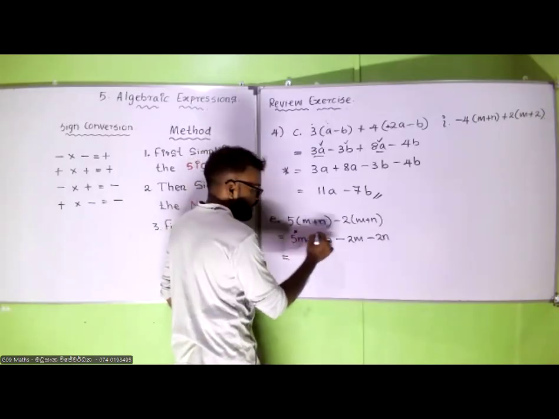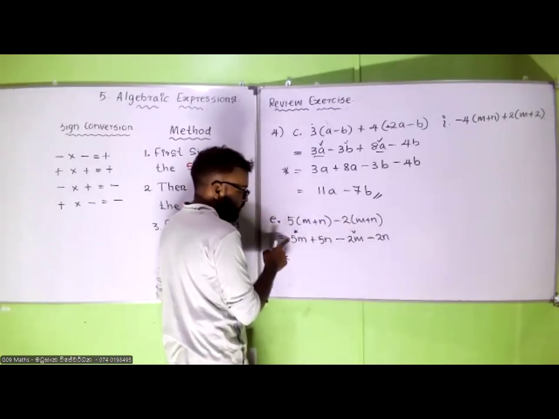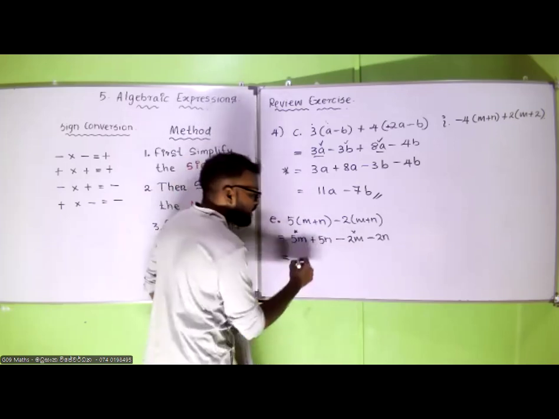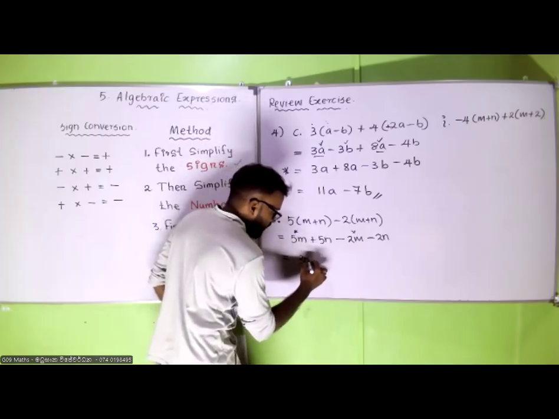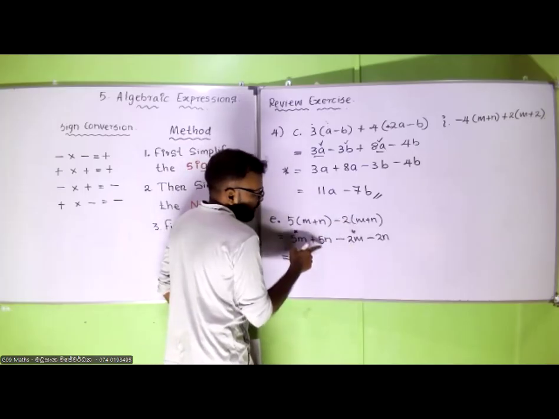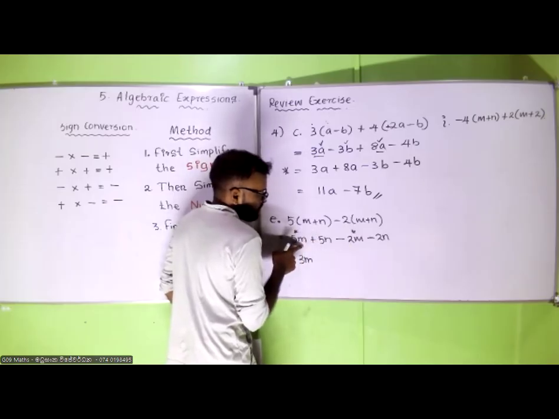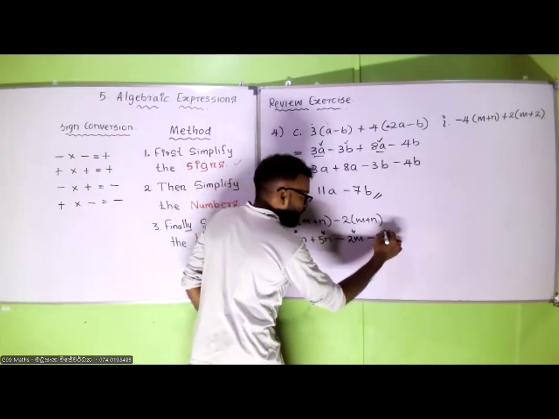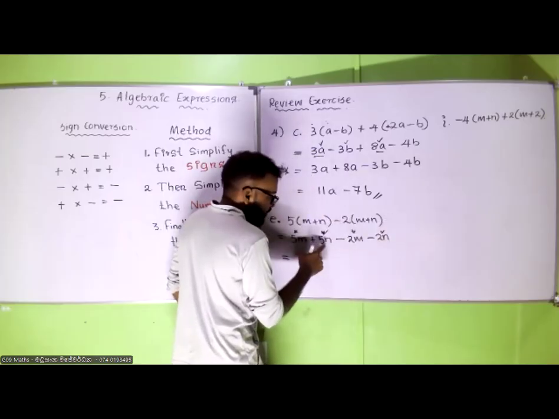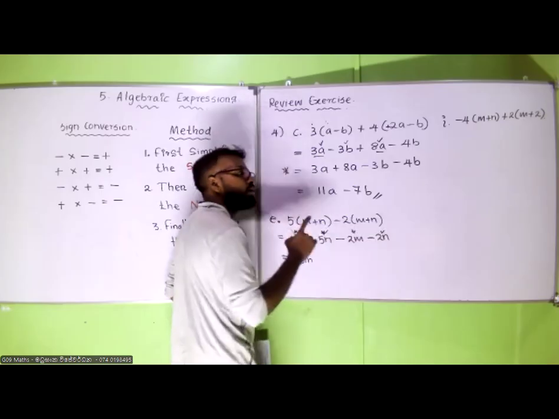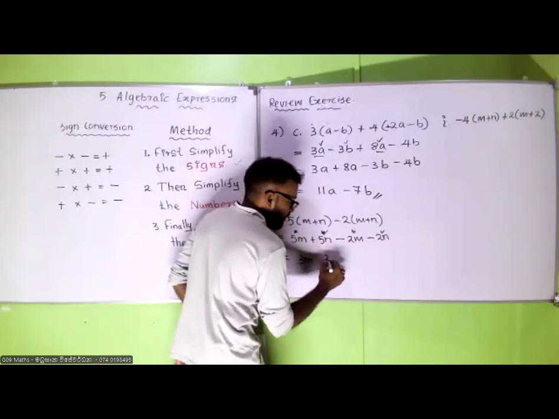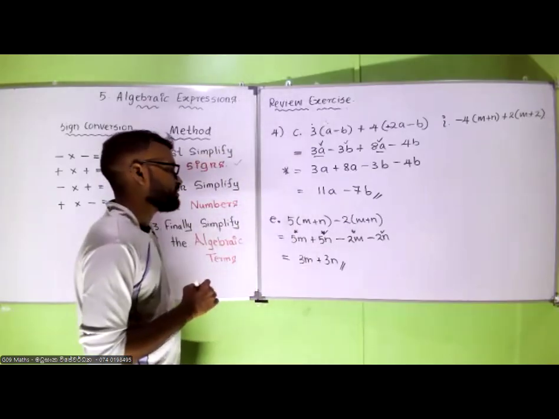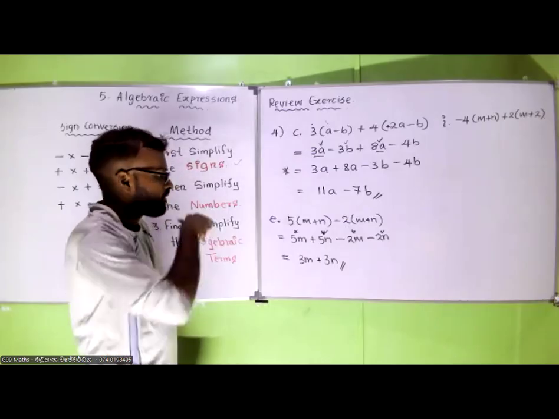Yes, this one. 5 minus 2, 3, right? 3m. Now the n's. Any other n's? Yes. 5n minus 2n. 5 minus 2, 3. Positive 3n. So this should be 3m plus 3n.